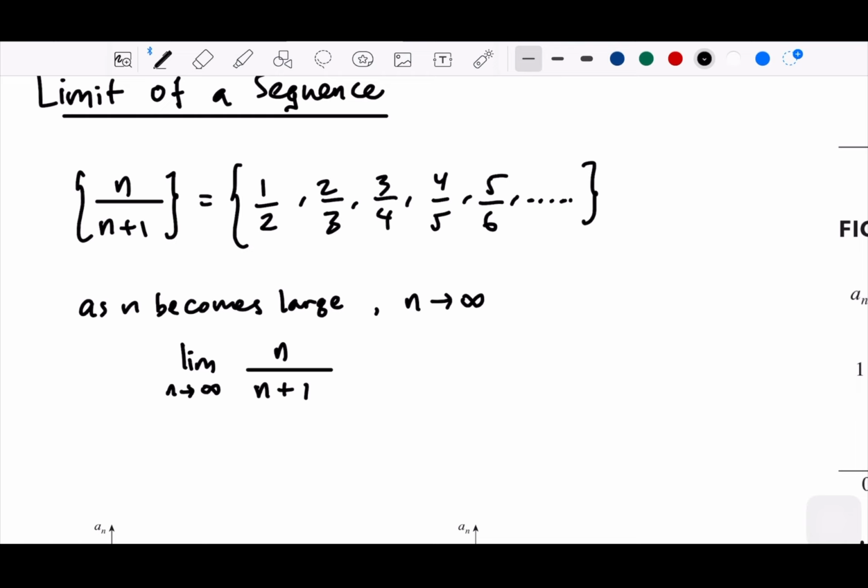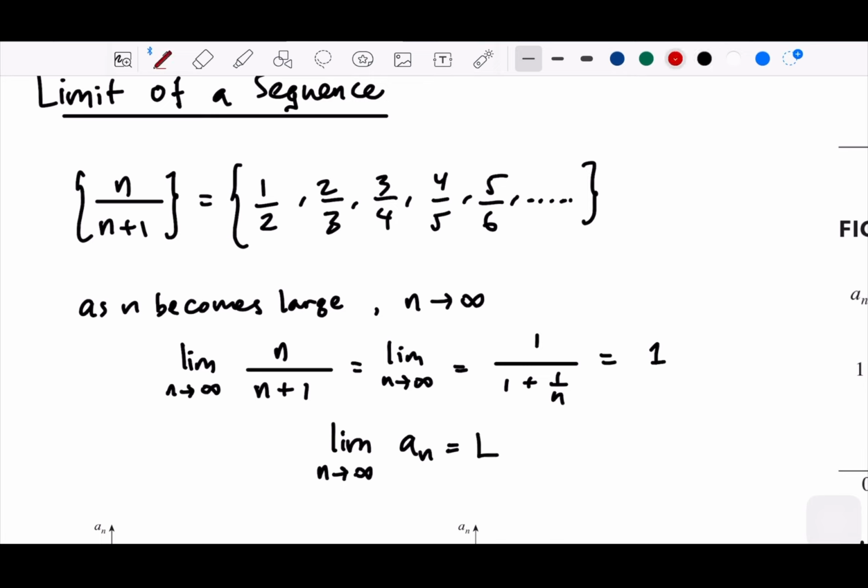I hope you still remember the limit. So this is 1. In more general notation, we could take the limit of the sequence, and this is equal to some L, which means we could determine some value.